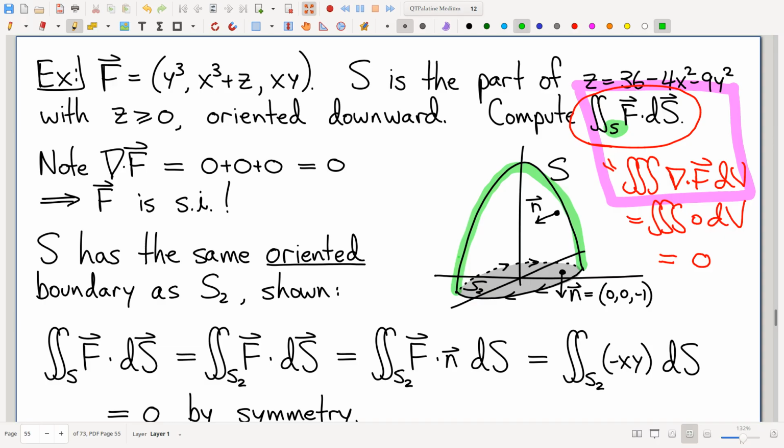Everybody see the problem there? Questions, feel free. I want to make extra sure we take every possible precaution, hoping no one will step on this landmine. Everybody good? You have to be really careful if you're going to apply the divergence theorem. Make sure your surface is a boundary.